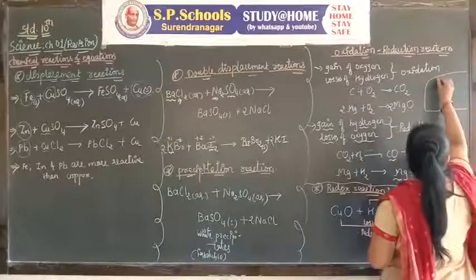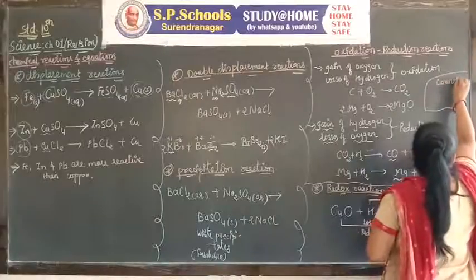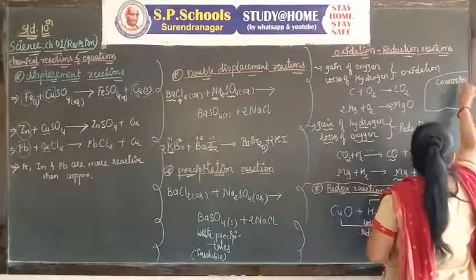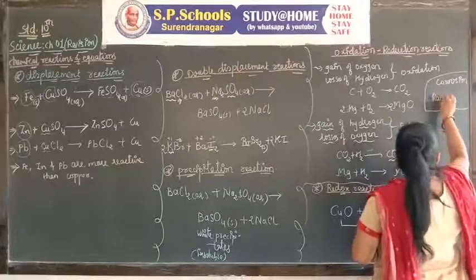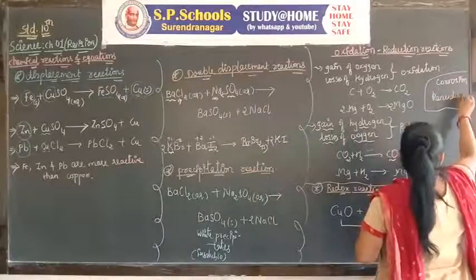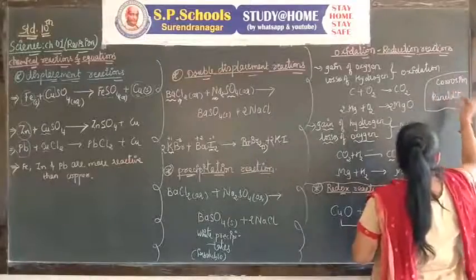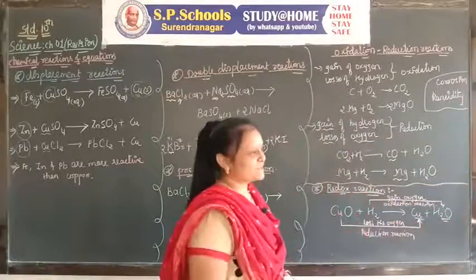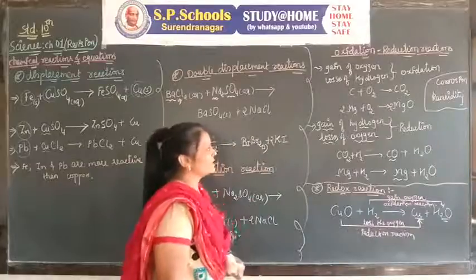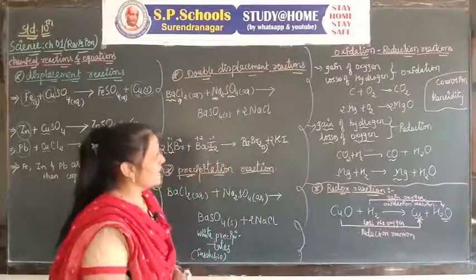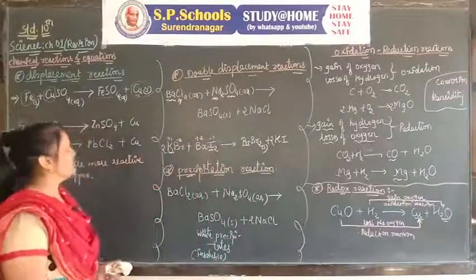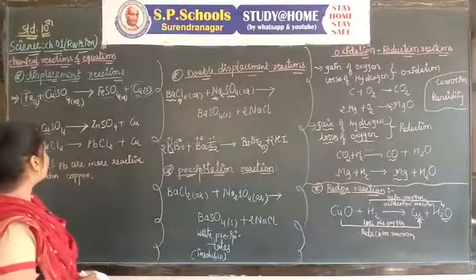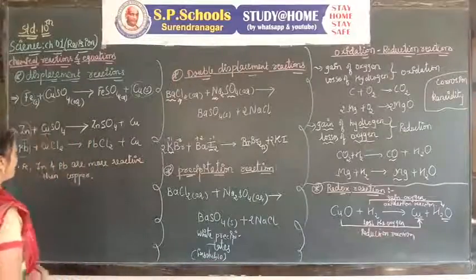It is called corrosion and rancidity. The topics are so easy, so you have to learn corrosion and rancidity by heart. What will be taken here? The displacement reaction, exchange of one ion.